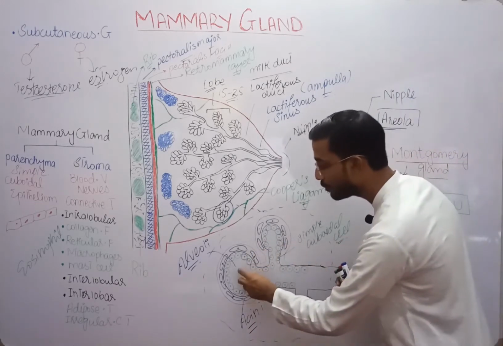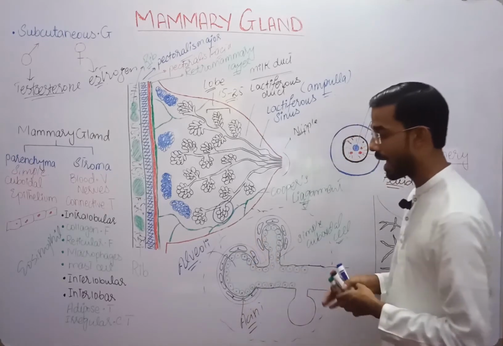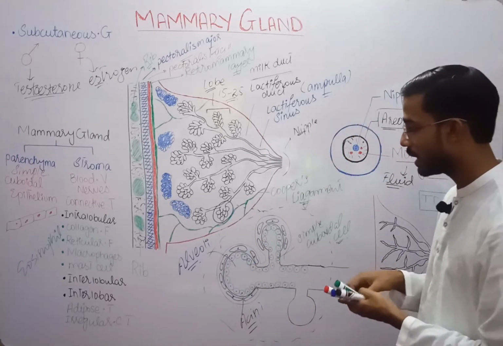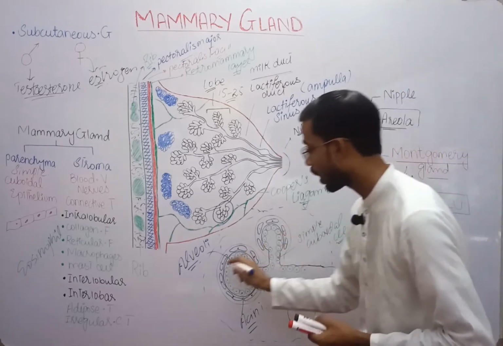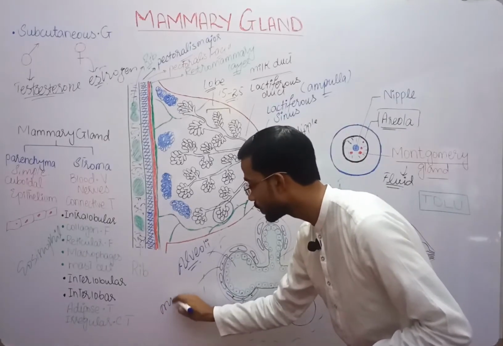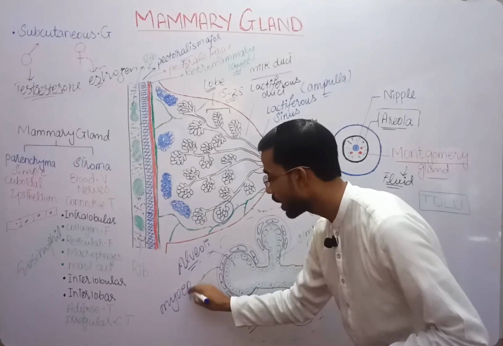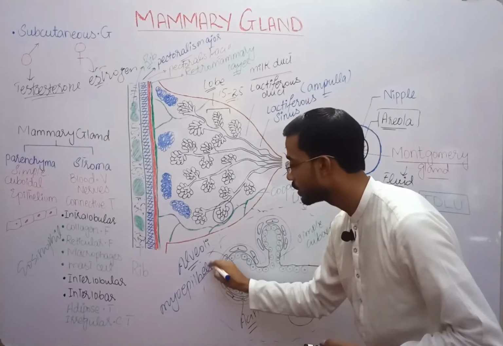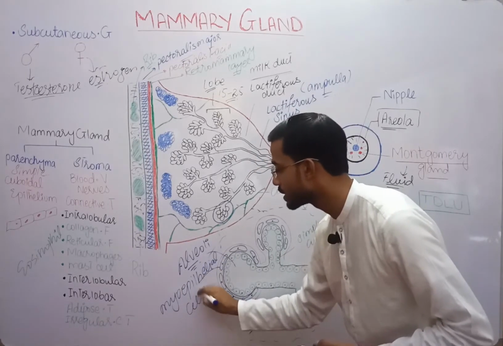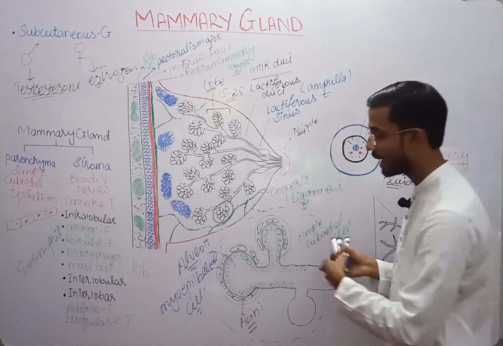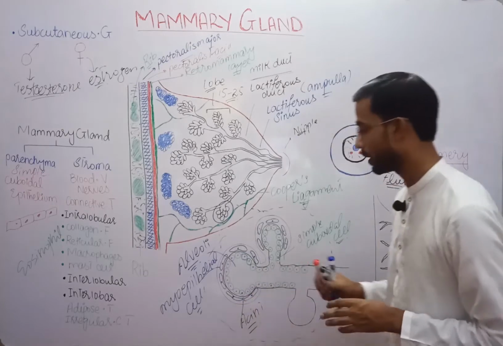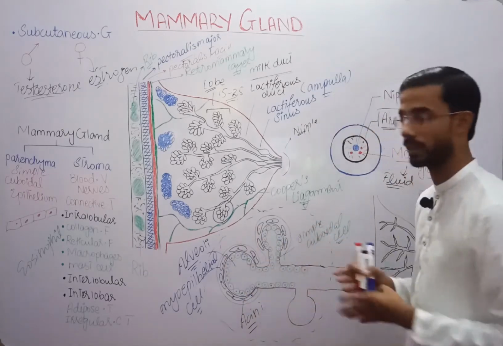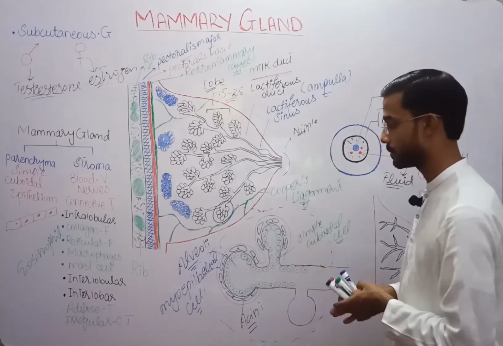And above the alveoli or acini, there are several cells present over it, which are called myoepithelial cells. And outer is the basement membrane, which is present most outside of the cells.